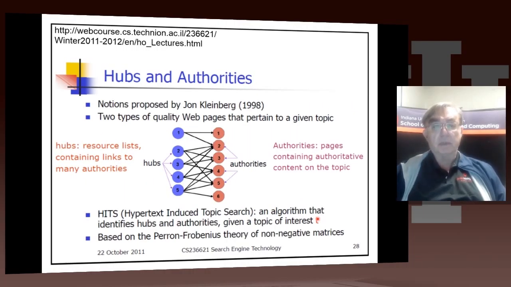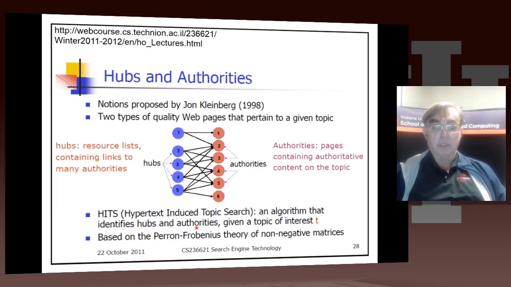So an early idea from Kleinberg was the concept of hubs and authorities, and those are still pretty important concepts. Authorities are things like Wikipedia or encyclopedias or dictionaries, which are pages containing authoritative content on a particular topic. That's often what you want, but one way of getting such authoritative information is to go to a hub, which is a list of multiple links, each of which is relevant to a particular topic.